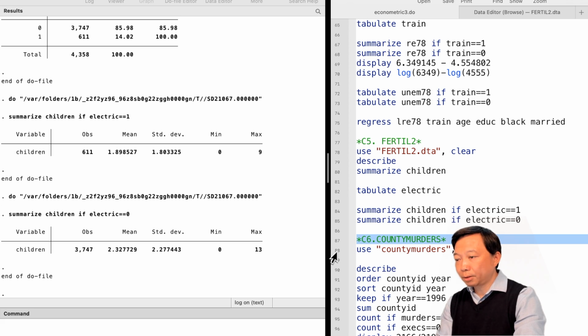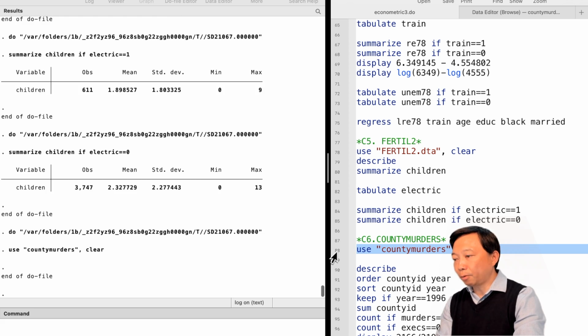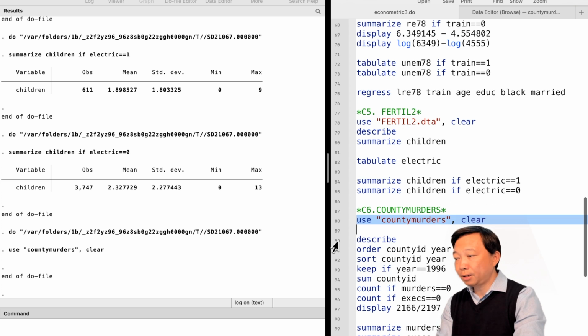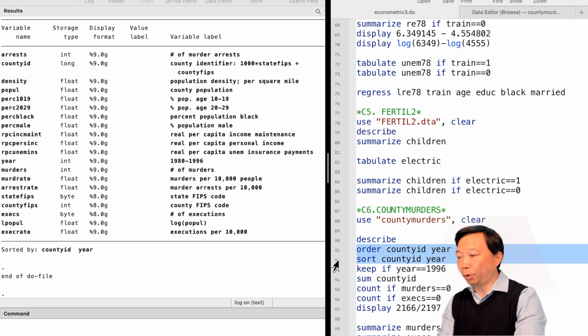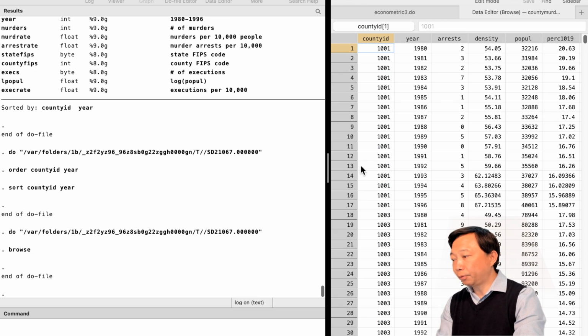We describe the data and find the variables countyid and year. If we order the variables, sort them, and browse the data, we can see the observations for the county with ID 1001 from 1980 to 1996, and then another county with ID 1003 from 1980 to 1996.